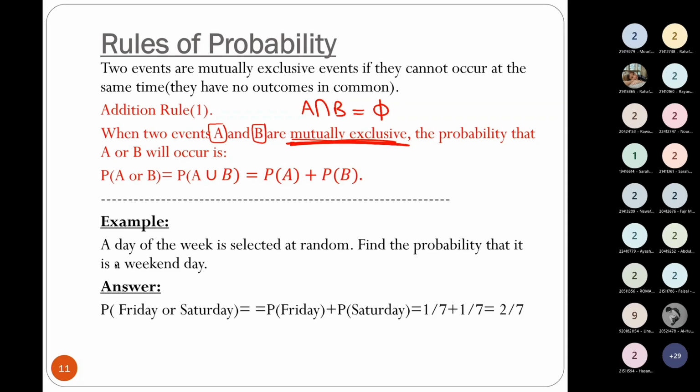The intersection of Friday and Sunday is impossible. The day selected can't be Friday and Sunday, so the intersection between them is empty. The probability of A or B, where or means union and and means intersection, so the probability of A union B equals the probability of A plus the probability of B.